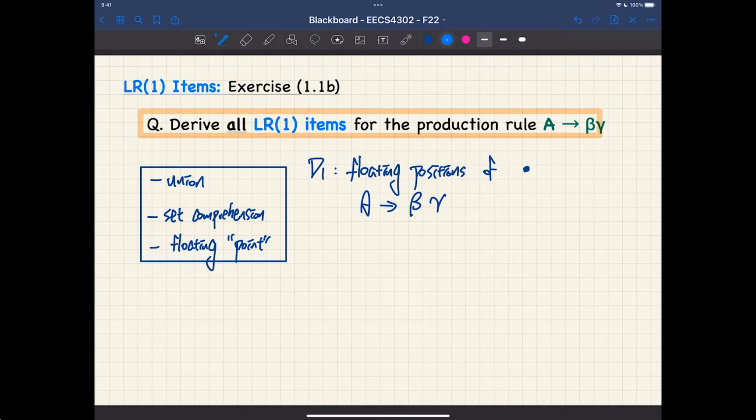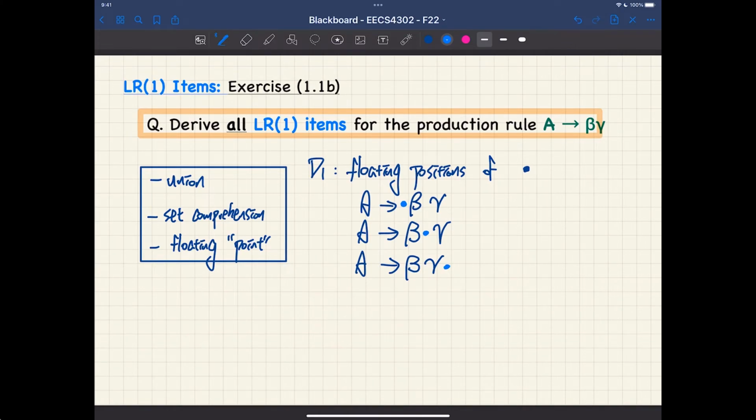It could be exactly in the beginning, right? Or it could be A produces, maybe we have already recognized beta, and we are now at the point that we are expecting to match gamma. Or it could be that A produces, we have already recognized beta and gamma, and we're now at this stage. That's dimension number 1. So we got 3 possibilities.